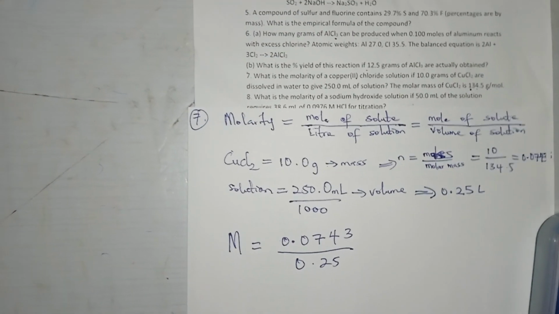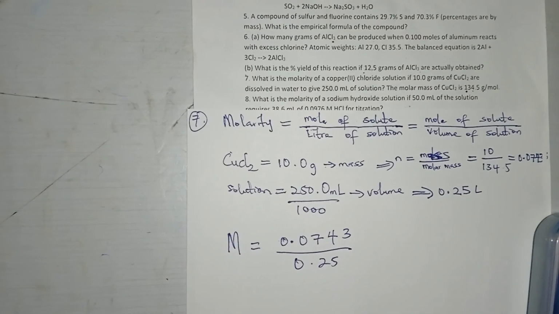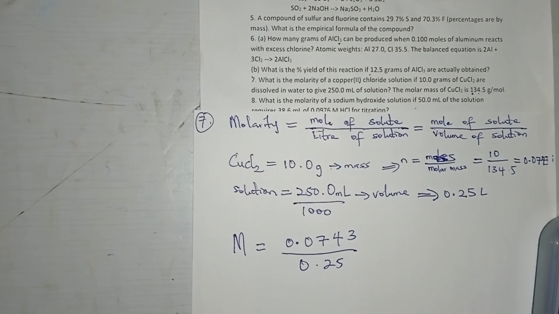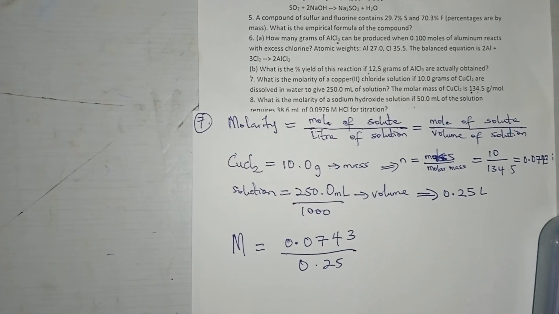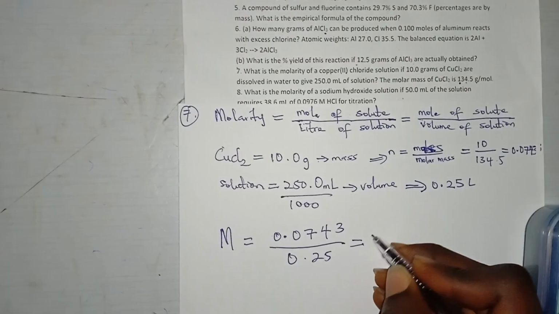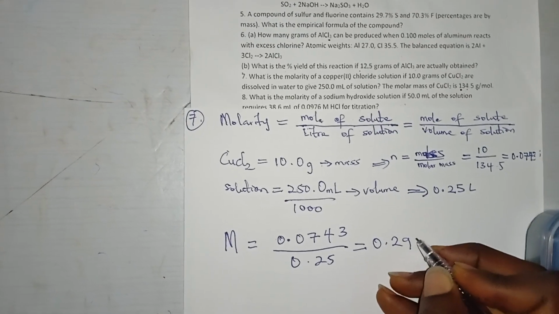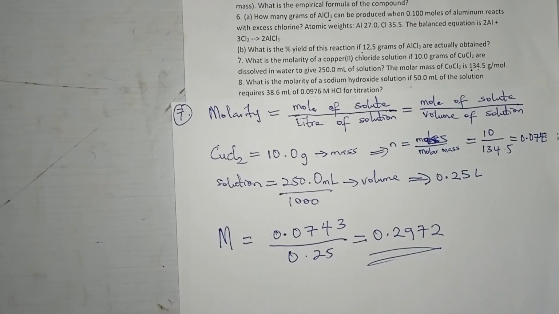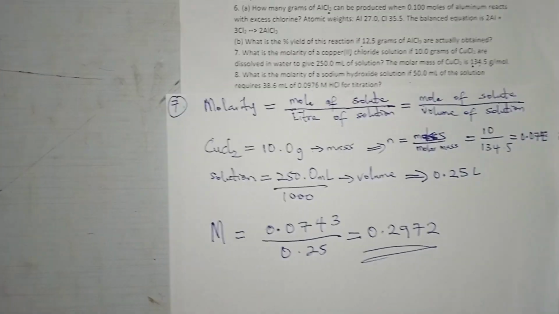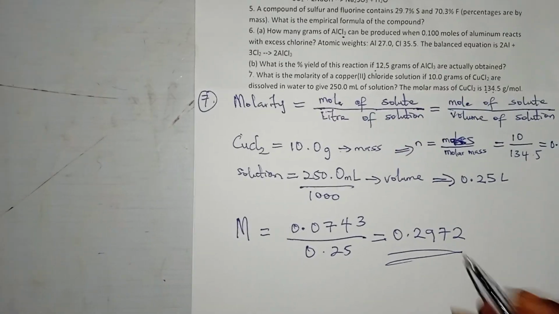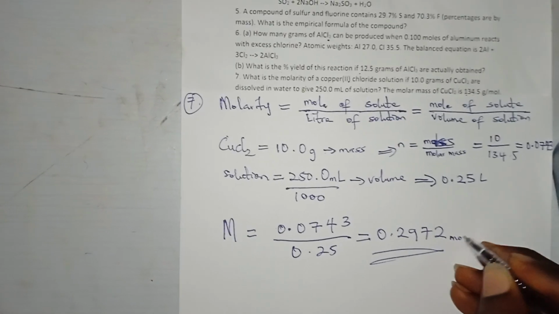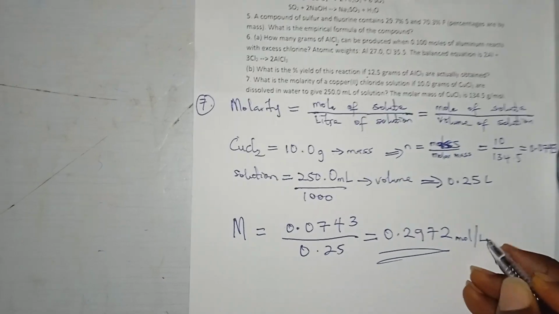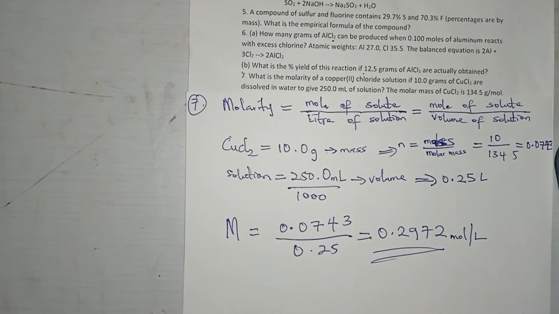So 0.0743 divided by 0.25 is going to give me 0.2972. Please punch your own. You see I'm rushing it. Punch your own so you'll be sure we are correct. And the unit for molarity, because this is mole and this is liter, is mole per liter. That's our final answer.